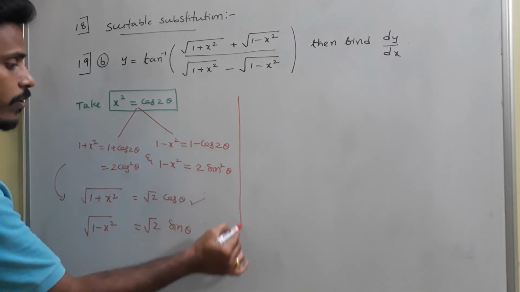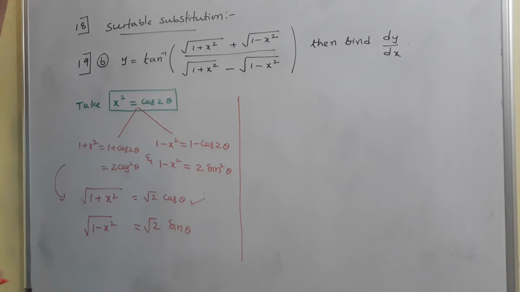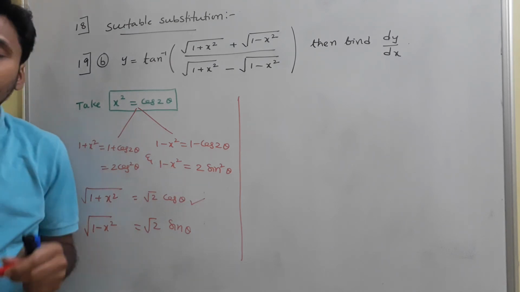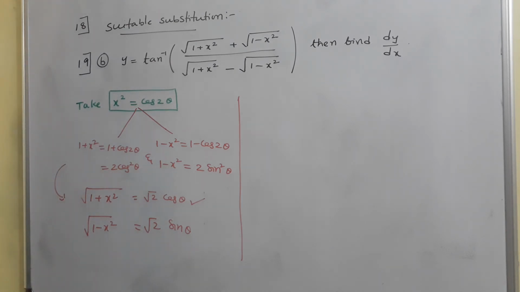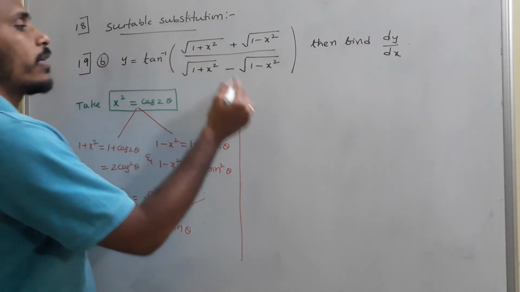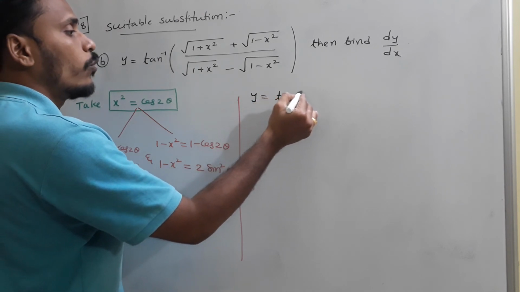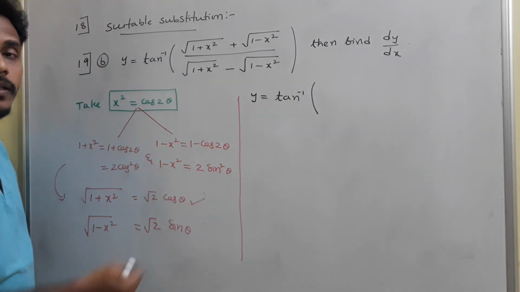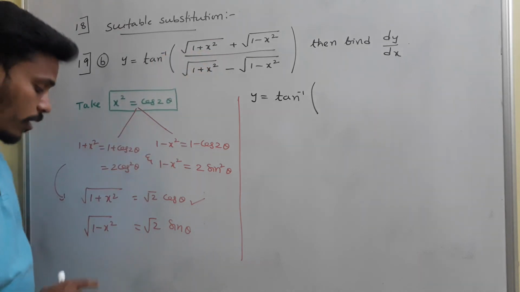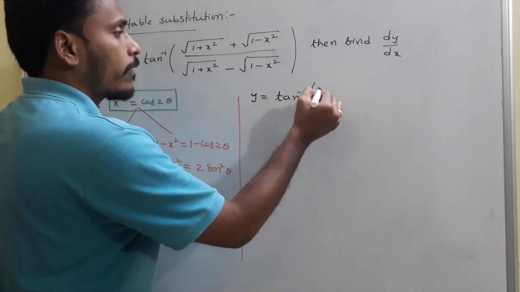See, actually our substitution is x square equal to cos 2 theta. By rewriting x square as cos 2 theta, everything gets simplified and the problem will become like this now. y is equal to tan inverse of, directly I am writing, root of 1 plus x square, which is root 2 cos theta.